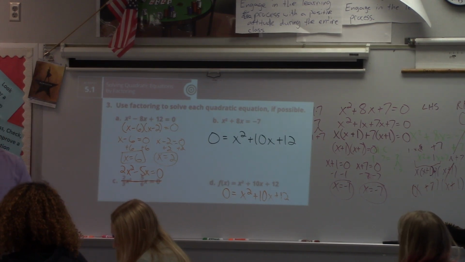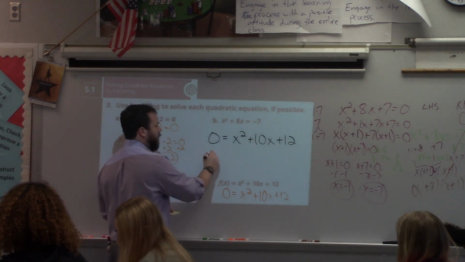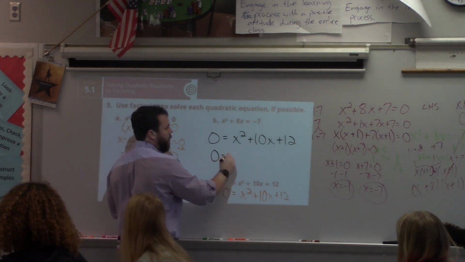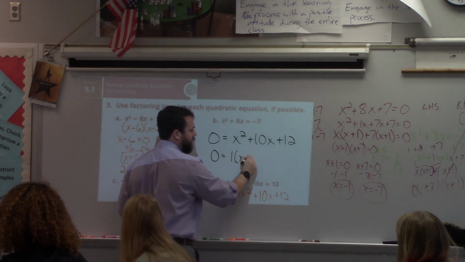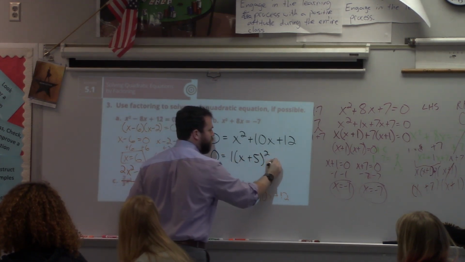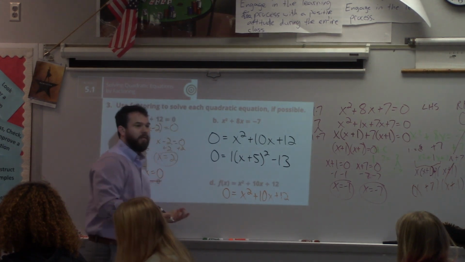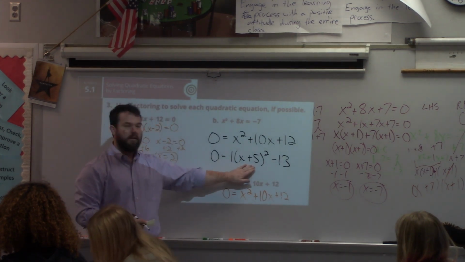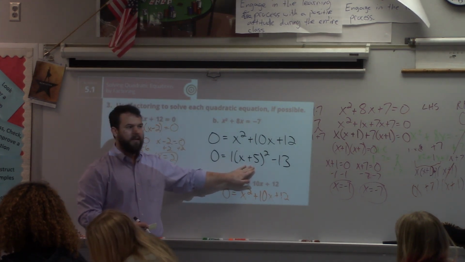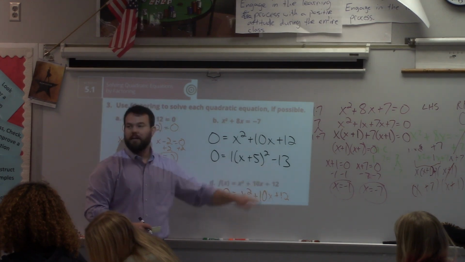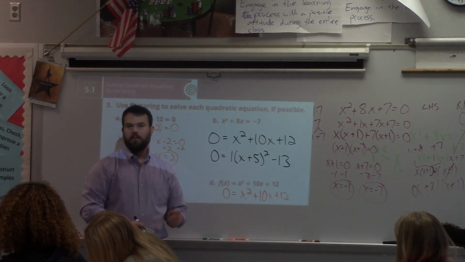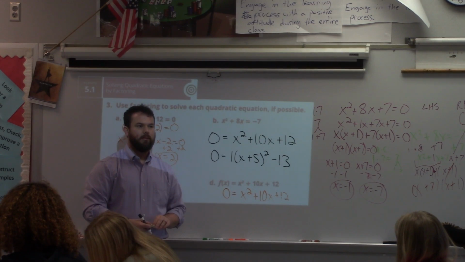No. So if I couldn't factor, I'm going to create what form? Vertex form. And so we went through the work over there, but what we found out is that this is the vertex form. H was negative 5, so x minus negative 5 gave me x plus 5. K was negative 13. What would I now do to solve this equation?